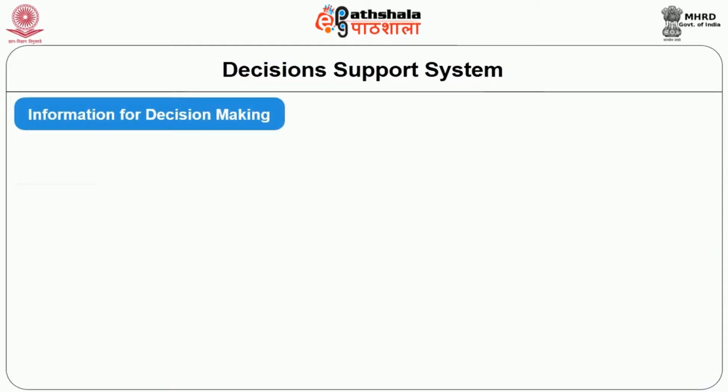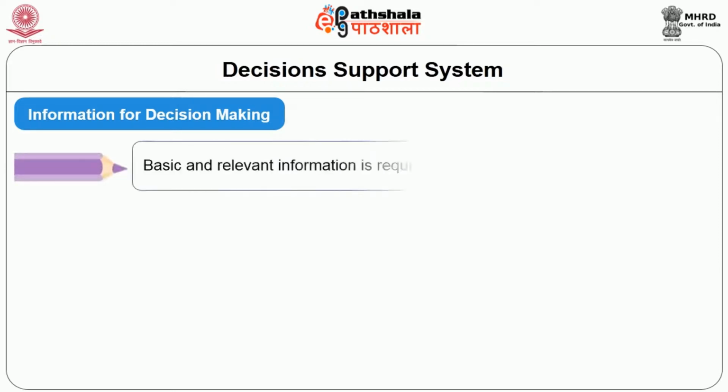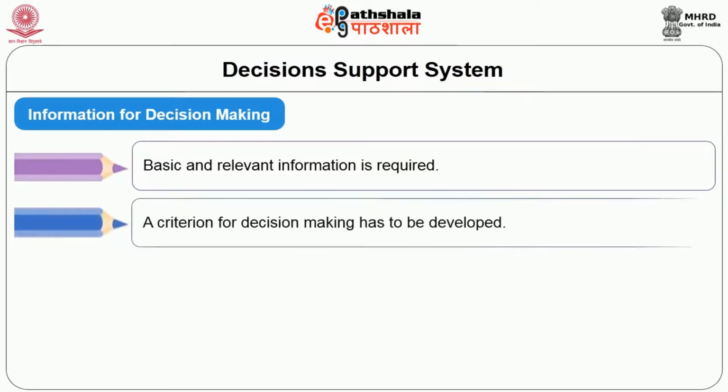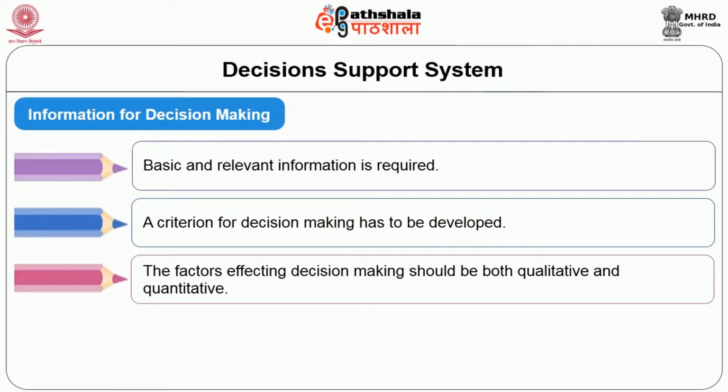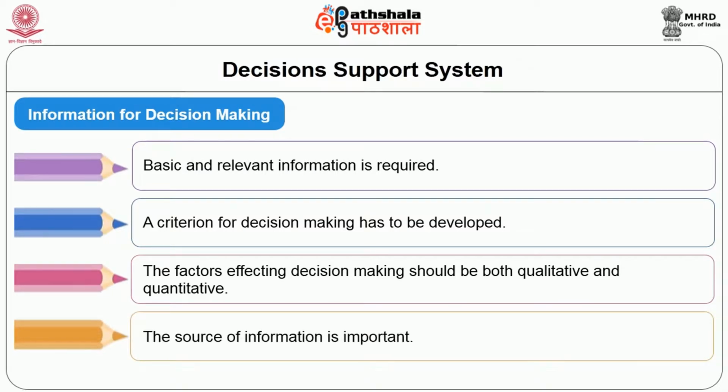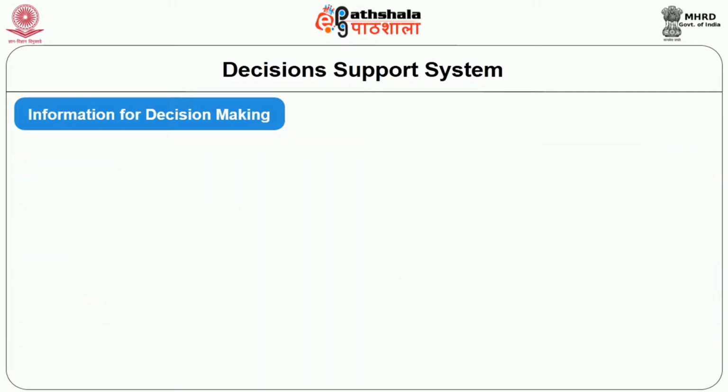Now, what are the kinds of information that are required when we are making any kind of decision? If you are to take a good decision, you definitely need certain basic kinds of information. Basic and relevant information is required. Then a criteria has to be developed to take decisions. Then the factors affecting decisions should be both qualitative and quantitative. The source of information, from where we are getting the information, is very important.